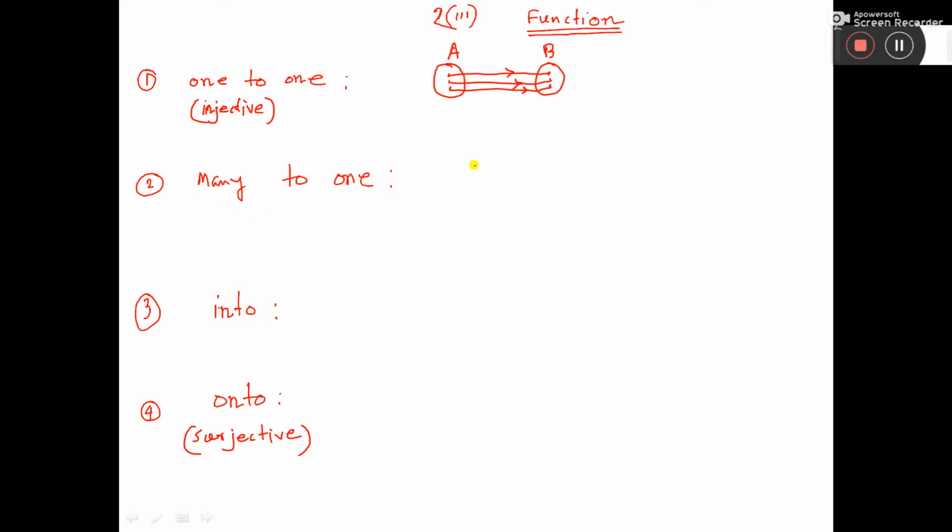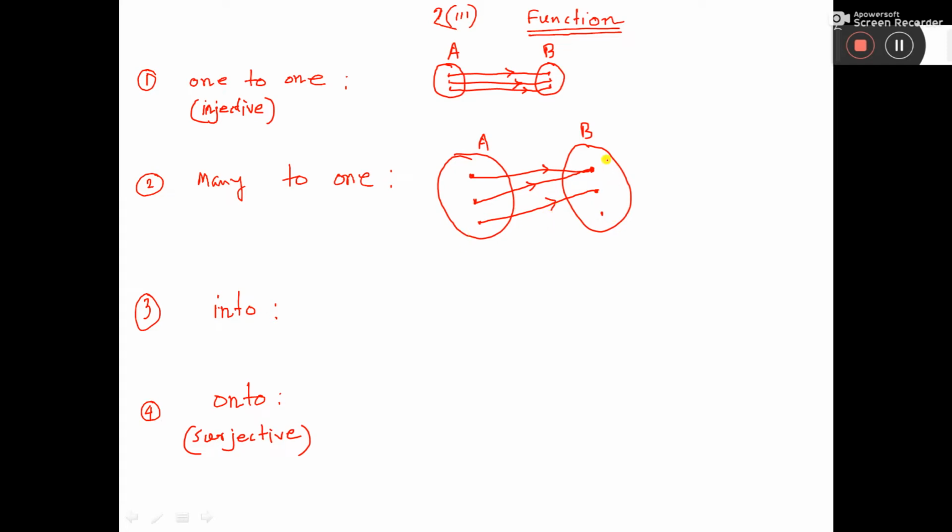But many to one, let's say this is set A and this is set B. Here let's say three elements are there. From the name you can understand: there are more than one element which are connected to one element of set B. See here, two elements are connected with one element of set B, and another element is connected with another element.